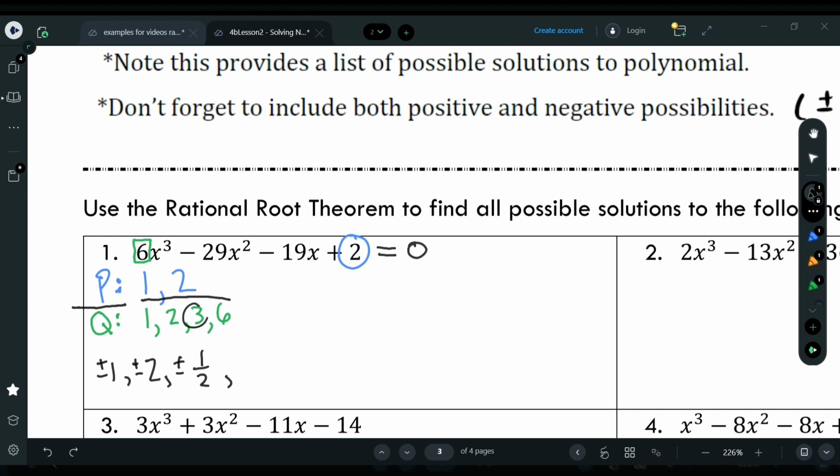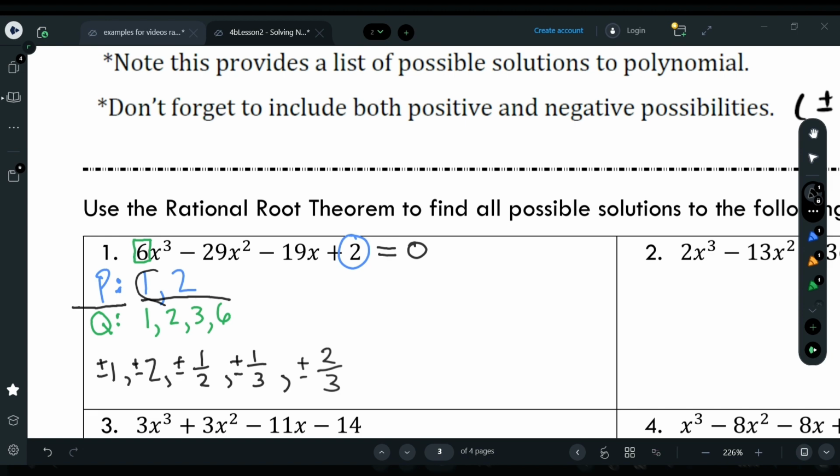Okay, let's move to a Q value of 3. 1 over 3. And then we'll go here, 2 over 3. Okay, and then the last Q value is 6.